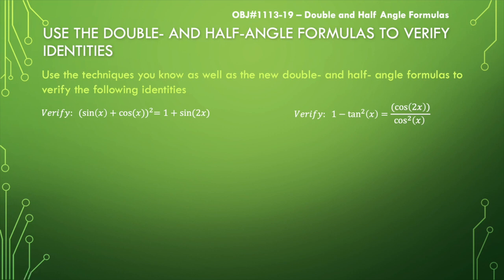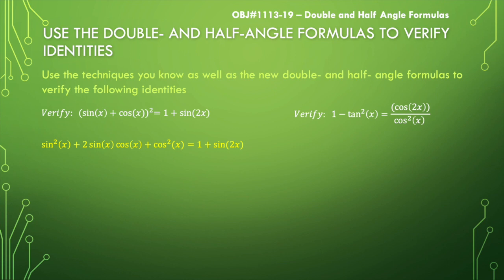I would have sine of x plus cosine of x times sine of x plus cosine of x. And so I would distribute that all out, and I would end up with sine squared of x plus 2 sine x cosine x plus cosine squared of x. And that is going to stay equal to the right-hand side. We're going to leave that right-hand side alone.